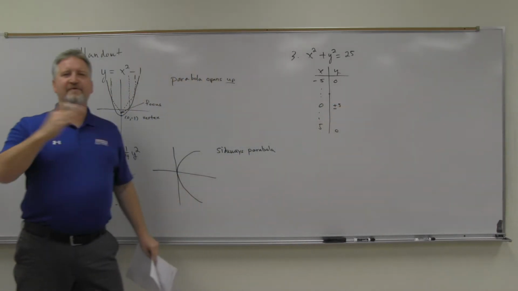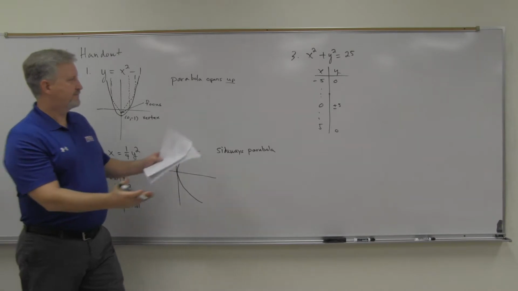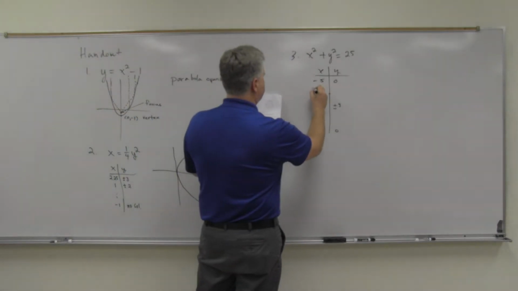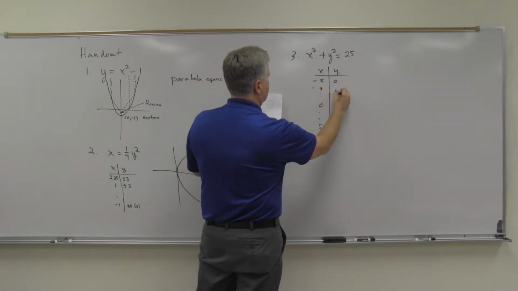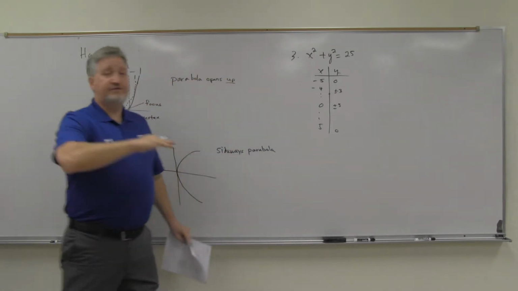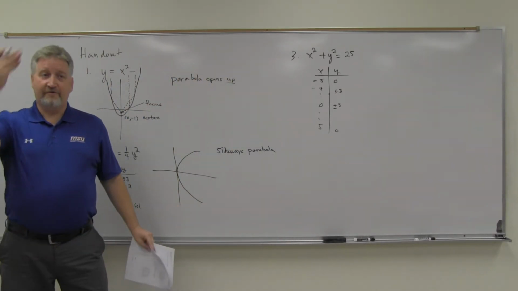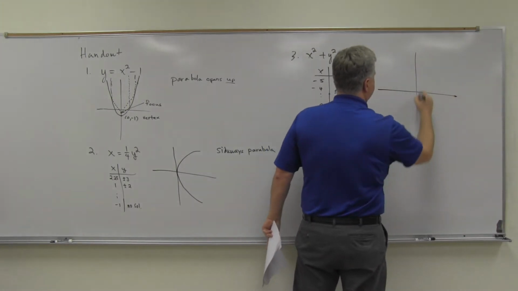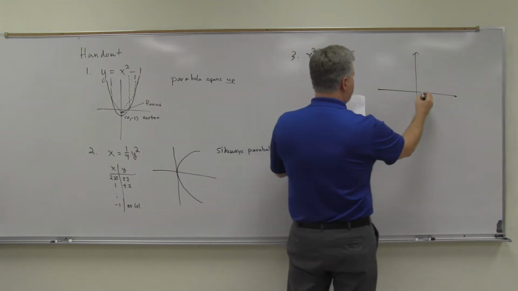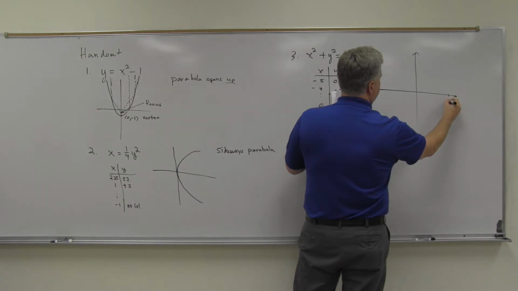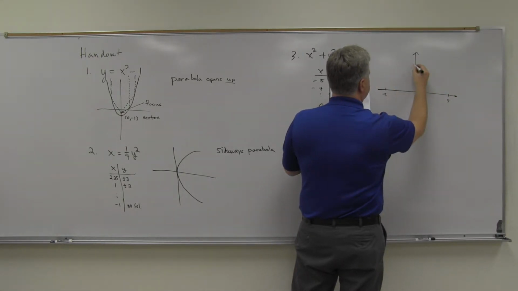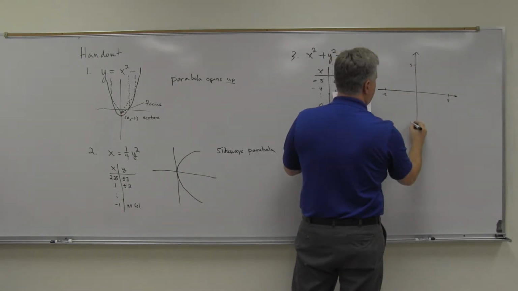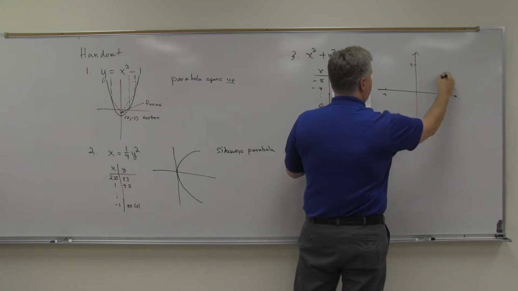What happens is for a lot of the x values you get 2 y values, and that's one reason you get this shape. But here's what you get, notice: here's 5, here's -5, here's +5, here's -5. What shape am I getting there? It's a circle.